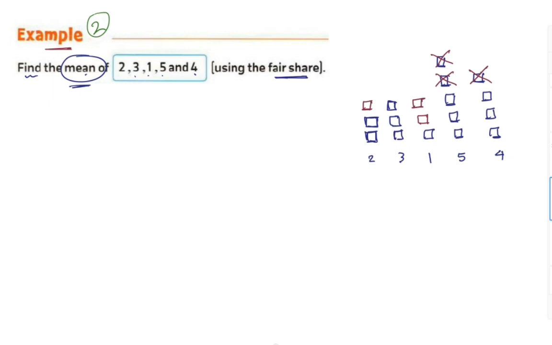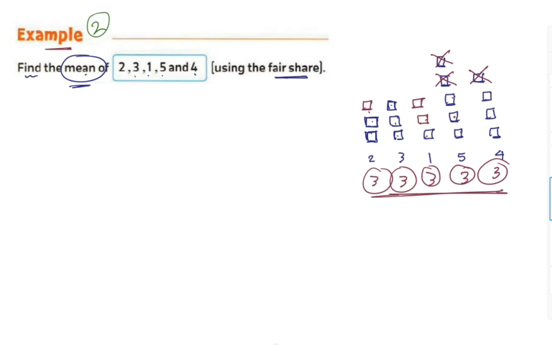Now, please count here. 1, 2, 3. It becomes 3. Here, 1, 2, 3. And 1, 2, 3. Now, I distribute these squares equally for these 5 places. I get what? I get number 3.